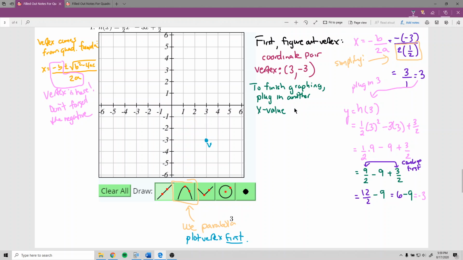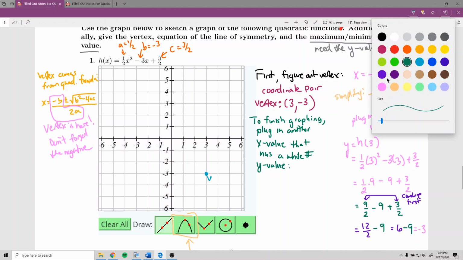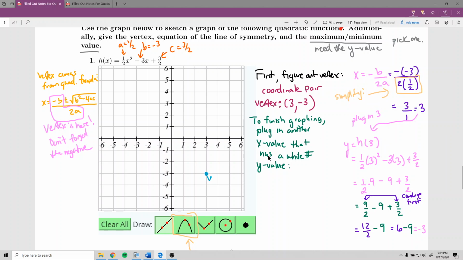So to finish graphing, plug in another x value that has a whole number y value. Now, in general, what I always recommend is plugging in an x value that's just 1 away from the vertex, so 2 or 4, it wouldn't matter which one. Since the least common denominator is 2, you want to plug in one that's 2 away.